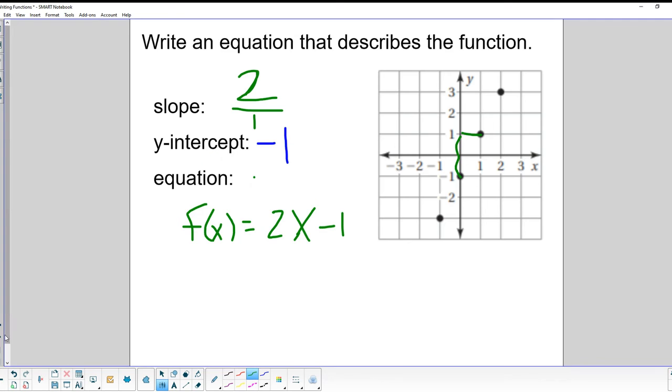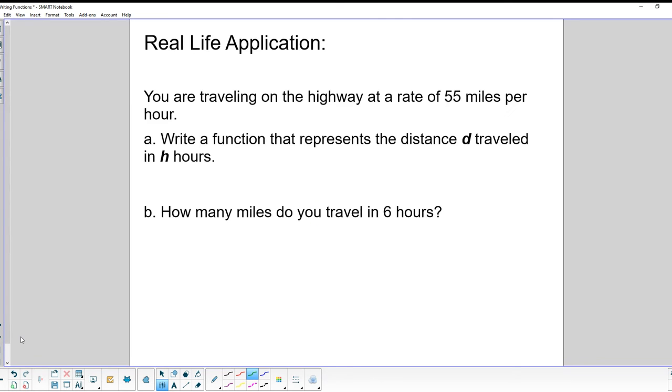All right, I'm starting to get the hang of it. Okay, so here's a real life application. You're traveling on the highway at a rate of 55 miles per hour. Write a function that represents the distance traveled in h hours. So the distance is going to equal 55 times the number of hours that you are going 55 miles an hour.